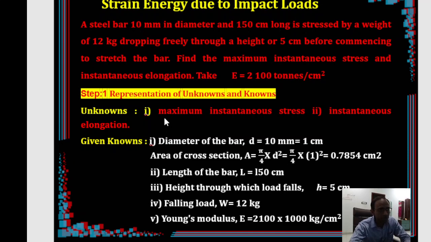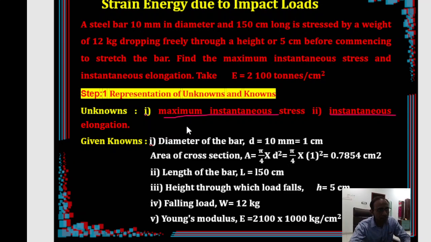So he is asking for Fi or sigma I and epsilon M, instantaneous elongation. Look at the given data: the diameter was given, the length of the bar was given, the height from which it is dropped is given, the falling load was given.